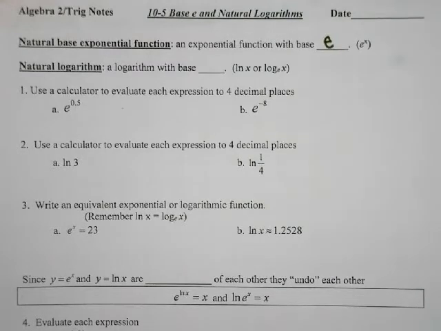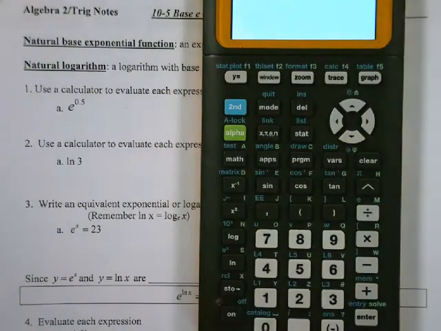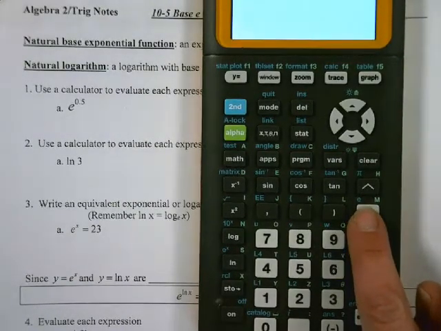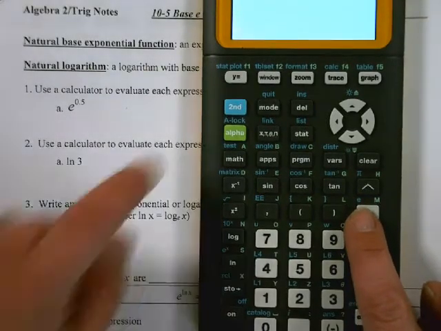Kind of like pi. We can find him in your calculator. There is an E button in your calculator. In fact, there's two. So let's find him. The first place he's at is over here with the division sign. He's in blue. Okay? So let's just look at that guy.